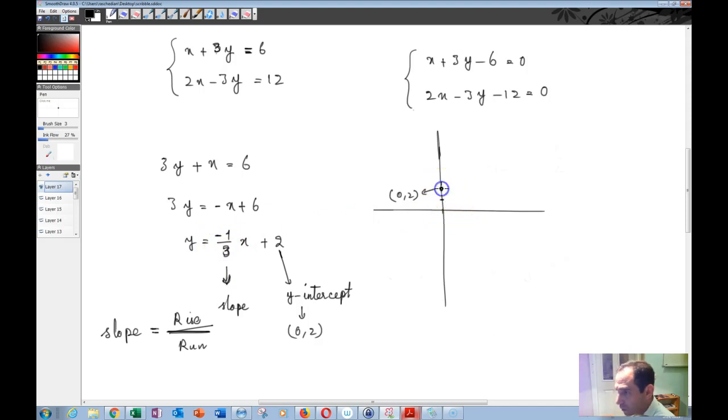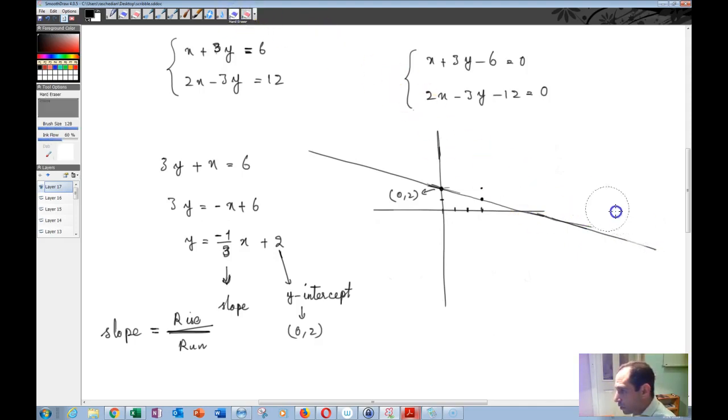If I take this point as my reference point, I run for 3 units, and I'm going to end up over here. And then I have to rise -1 units, meaning that I have to fall by 1 unit. So I will end up over here, and that is the line that I'm looking for. Okay.